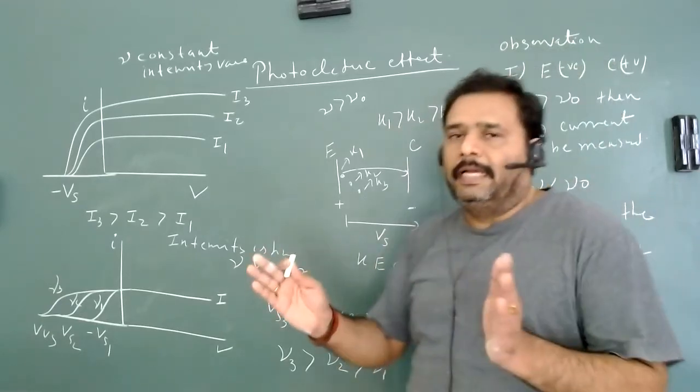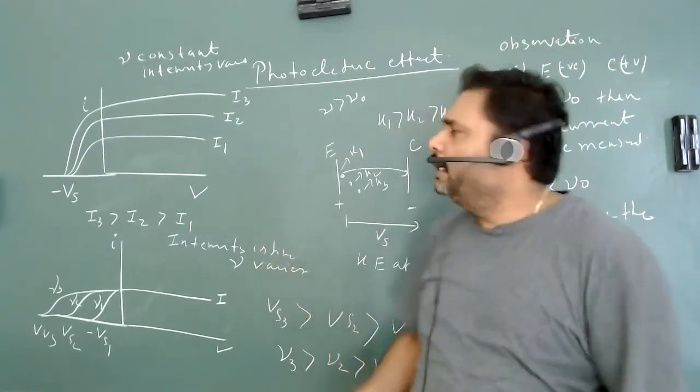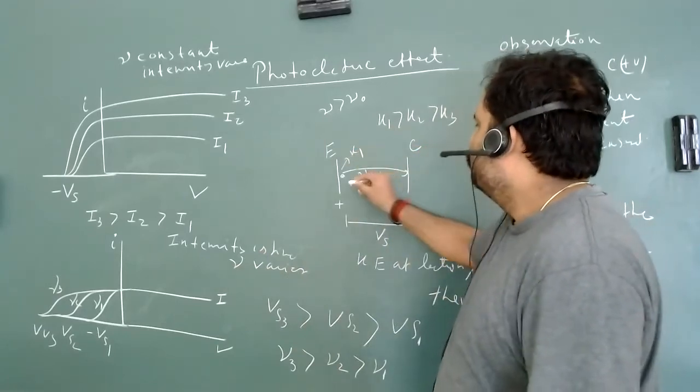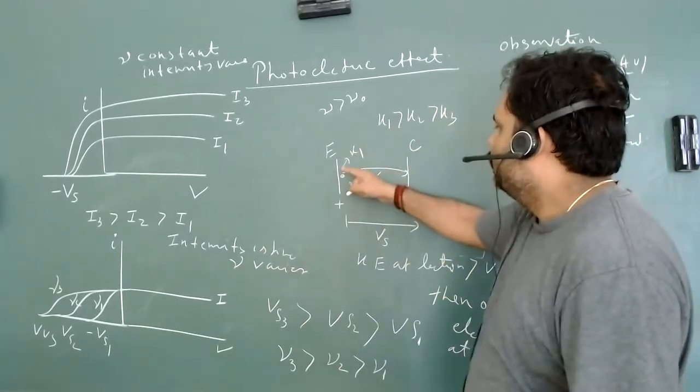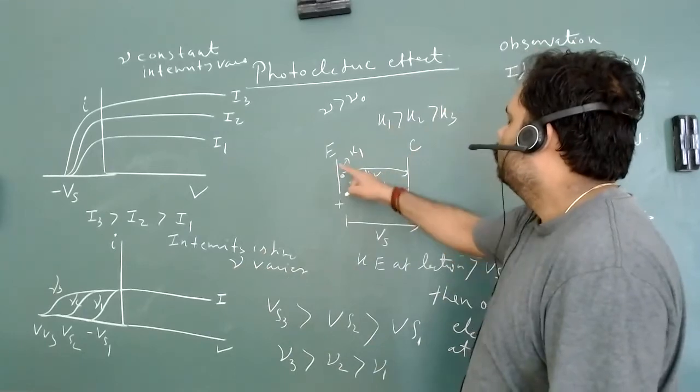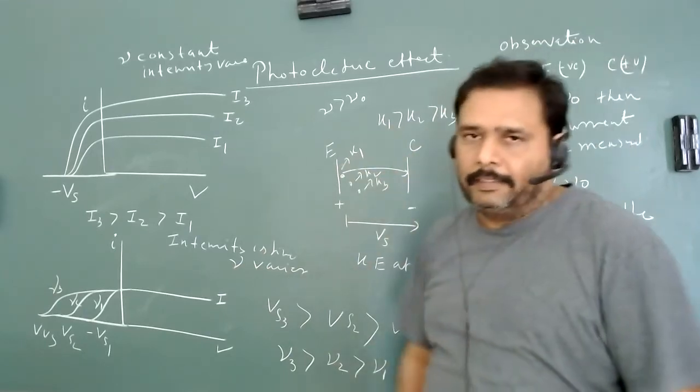Suppose we have a very small Vs. Then all electrons will reach the collector.